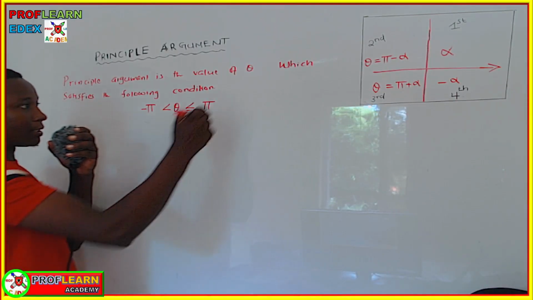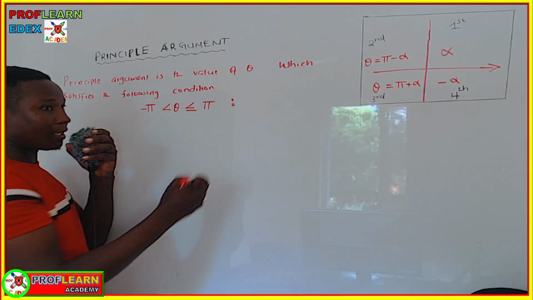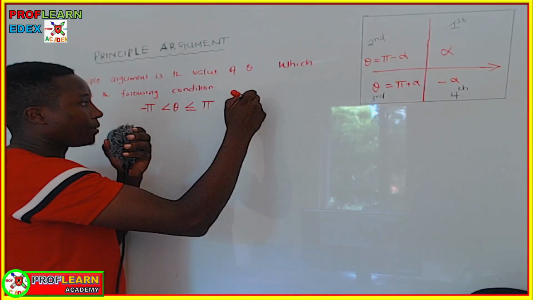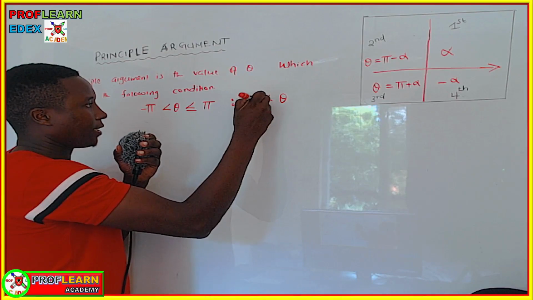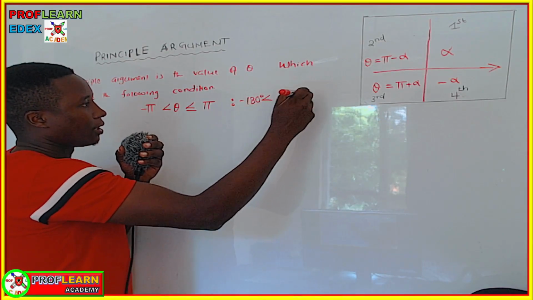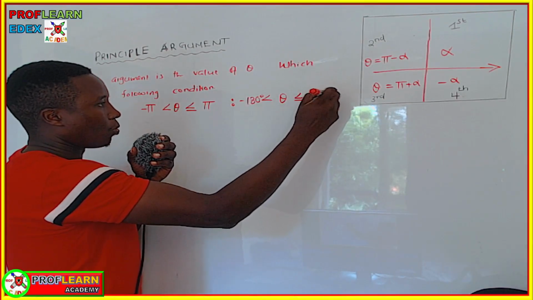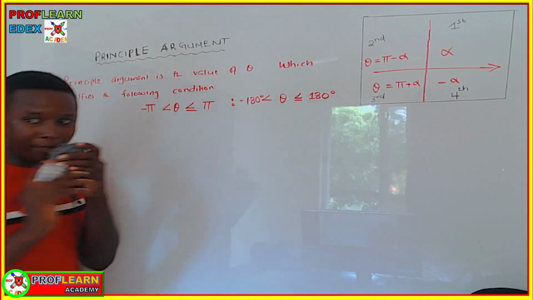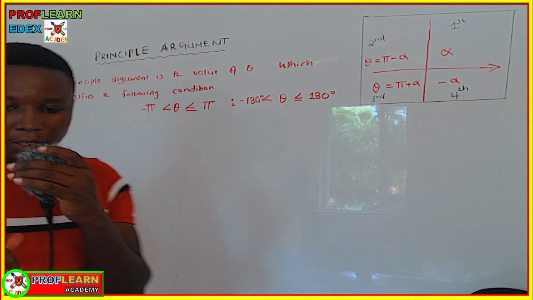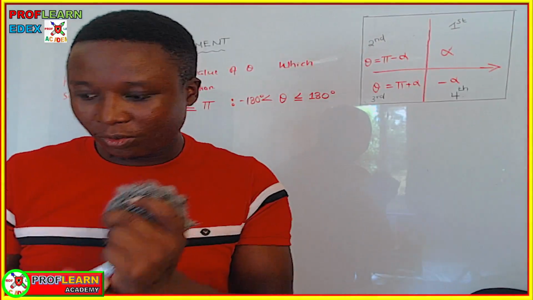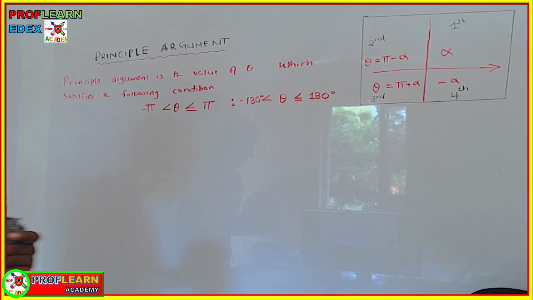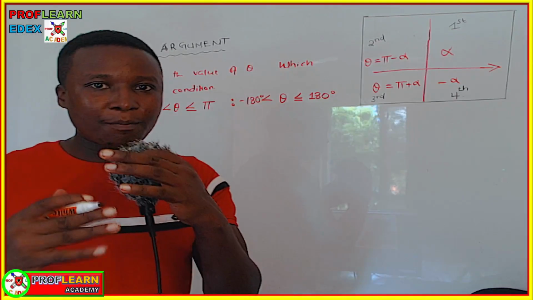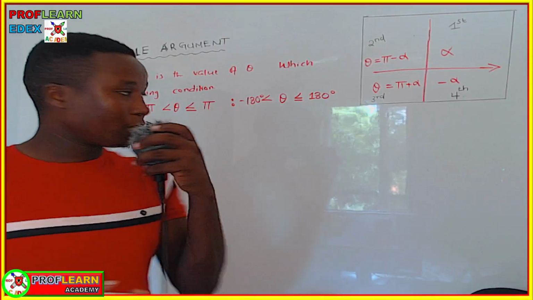So which means that this also can be given in degrees, which means it can be given as theta is greater than negative 180 degrees, less than or equal to 180 degrees. This is one of the conditions which a complex number has to satisfy for it to be a principal argument. This is very important because most of the time you find that it's quite confusing to students.